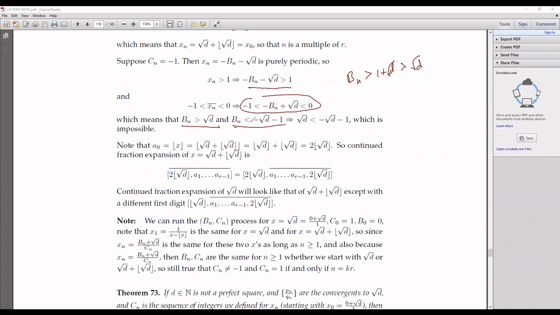So basically, bn is at the same time greater than root d, but it's also less than minus root d minus 1, which is absurd. So we produce the contradiction, so Cn cannot be negative 1 particularly. Cn, maybe it can take other negative values, but never minus 1.